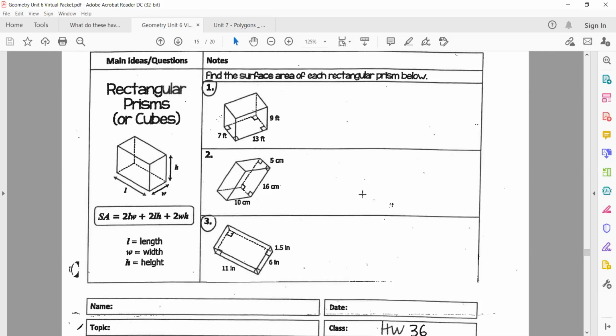because what it does is it takes the area of each side of the prism twice. So how do you get the area of a sheet of paper, for instance? It's length times width. In the diagram here, you see length times width is like the bottom of this prism.